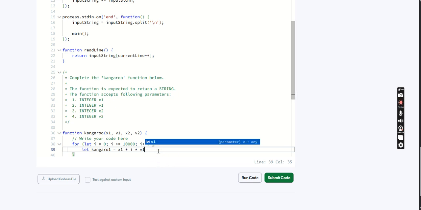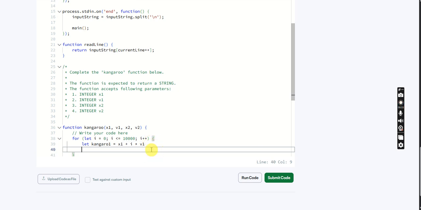Why we are multiplying is that the loop will continue going, so we use the index. You multiply the index with the distance, so that the index keeps increasing, giving you a value equal to the distance kangaroo 1 has covered.